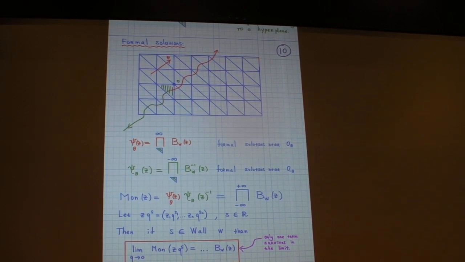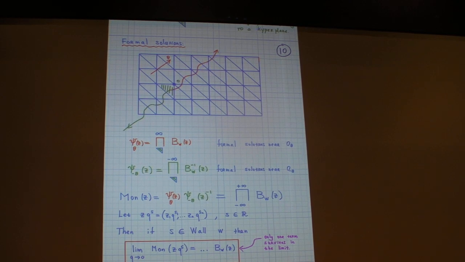So you can form some kind of infinite product solution, formal solutions of Q-difference equations, which is holomorphic in the neighborhood of 0, determined by, say, a positive stability condition. So what you need to do, you need to take your origin, your fundamental alcove, and you choose a path to infinity.